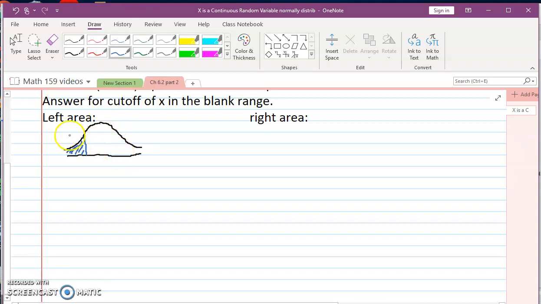If this area is less than 0.5, it's all on the left side. And for the right area, you do the same thing, but your area is on the right.